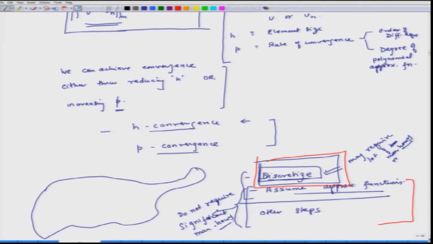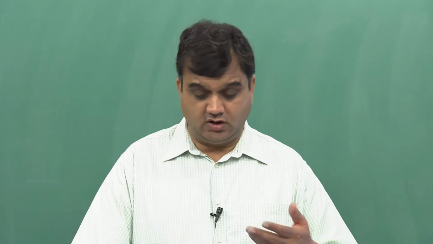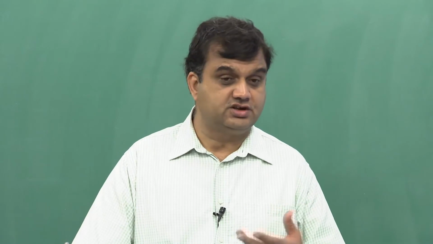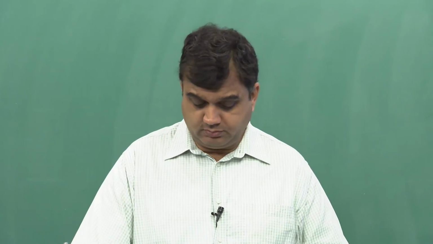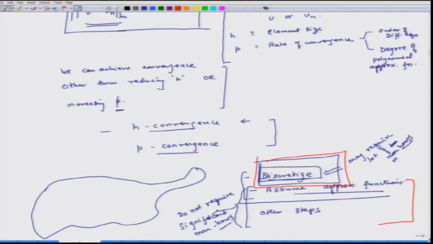If I have to do P convergence, I can mesh it once, make sure that the mesh is working correctly, and then all I am doing is increasing the order of elements, the order of polynomial functions, and that takes care of the convergence. Because of that, in several cases, the H convergence approach requires much more human time compared to the P convergence approach.